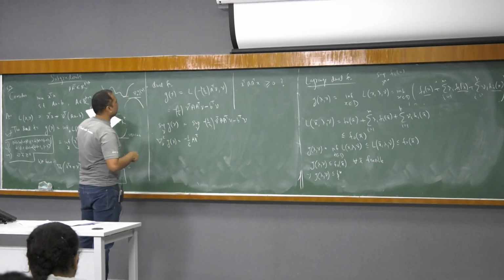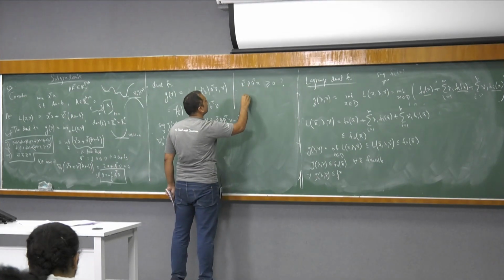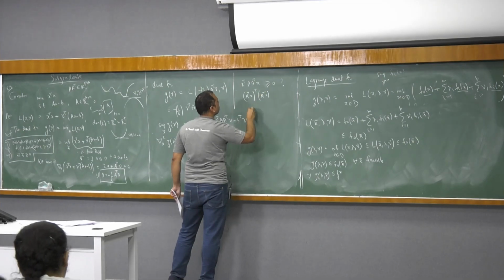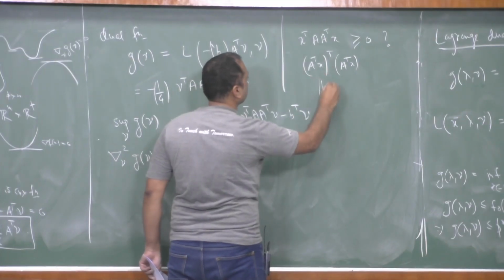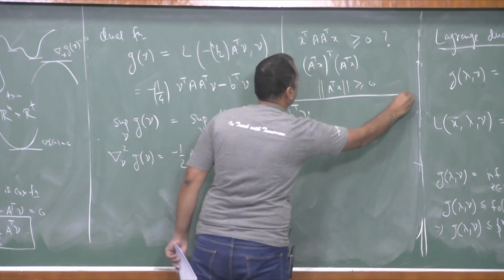So basically it's A X. I can write this like this, and then transpose, and then A X. This is basically the norm squared of A X. So the norm is certainly greater than or equal to 0, right?